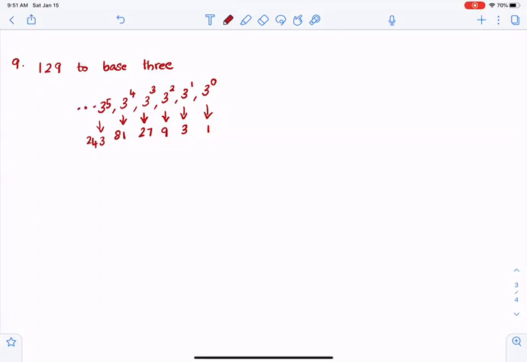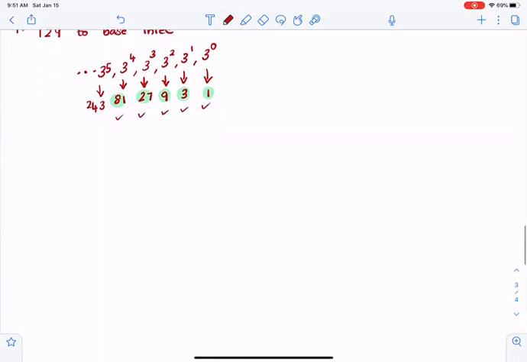So we can go all the way up to 3 raised 4, which is 81. This tells us that the base 3 number has 5 digits.